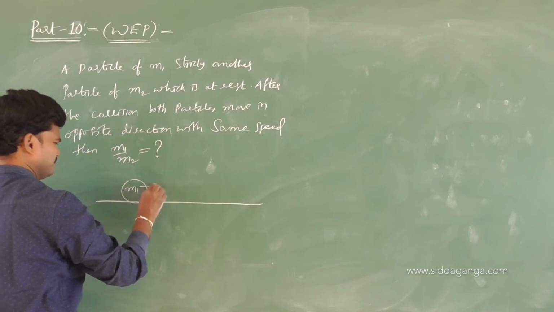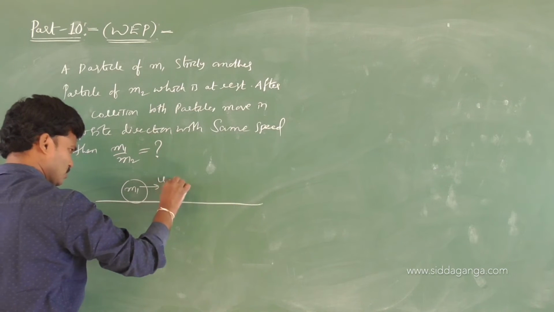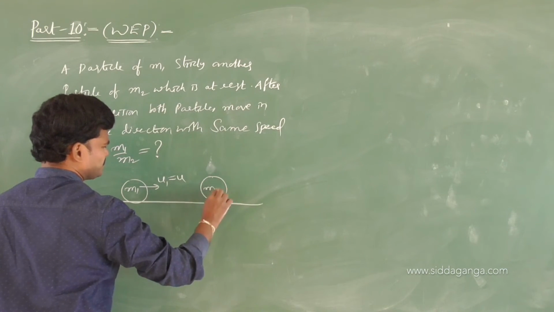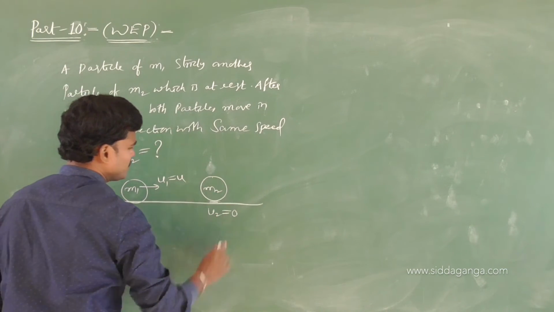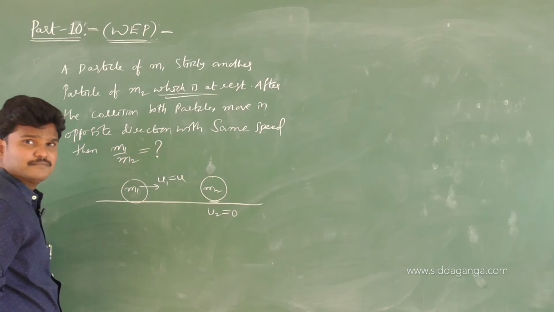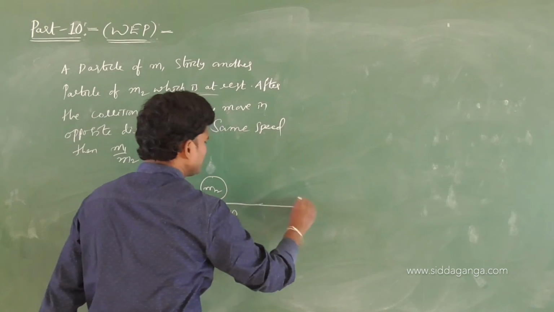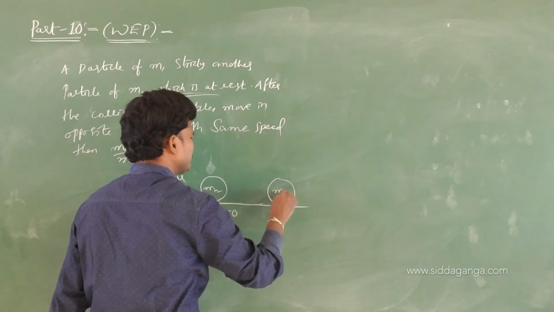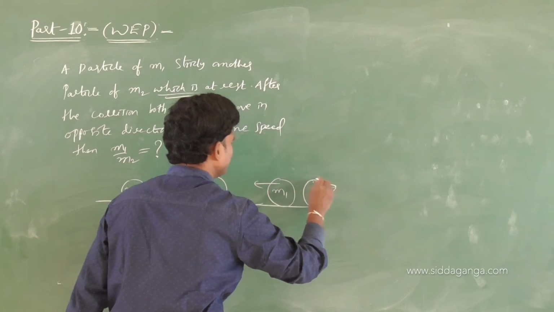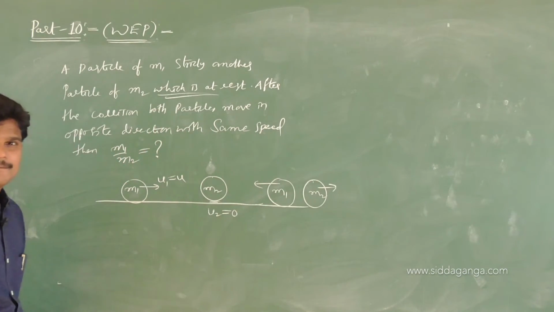So this is m1, moves with something u, u1 is equal to u. m2, u2 is 0. Why u2 is 0? Because the second particle is at rest. After the collision, the first particle moves, the second particle also moves with the same speed but in opposite direction.